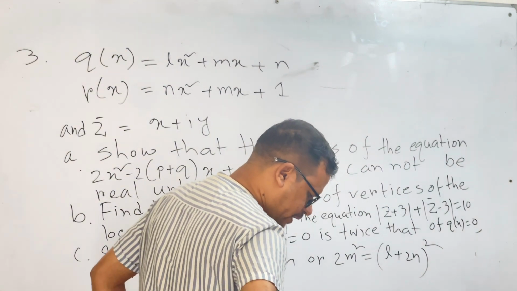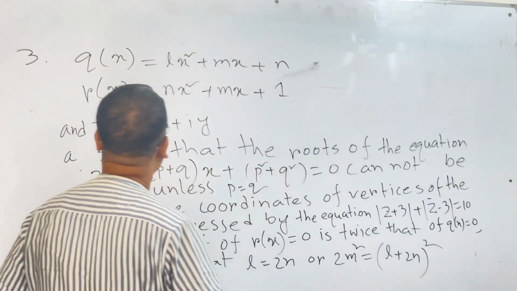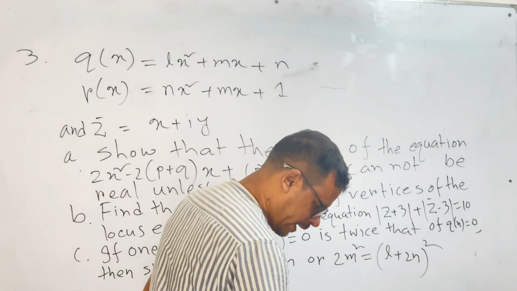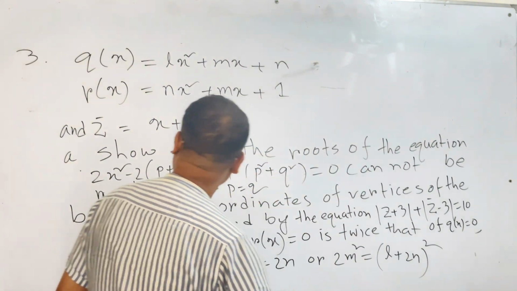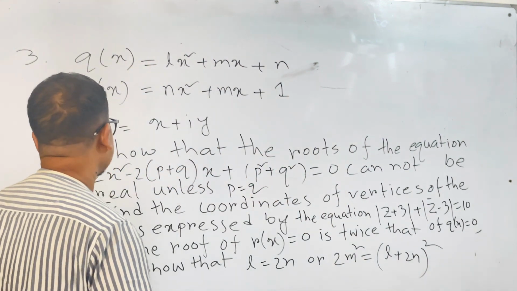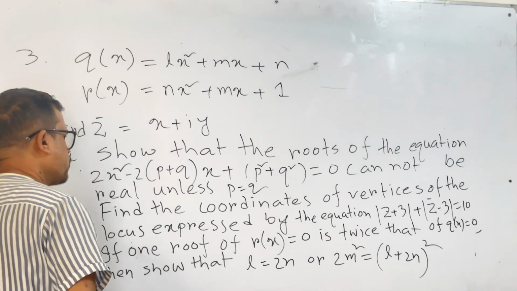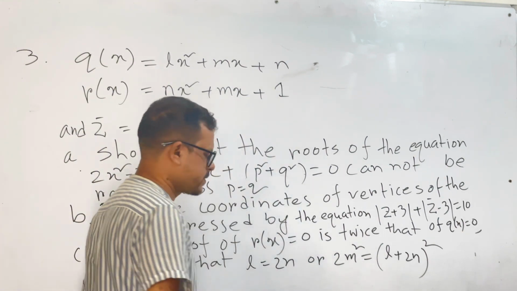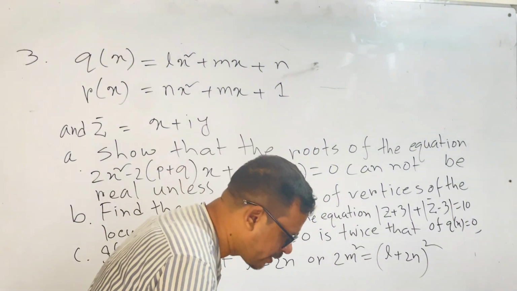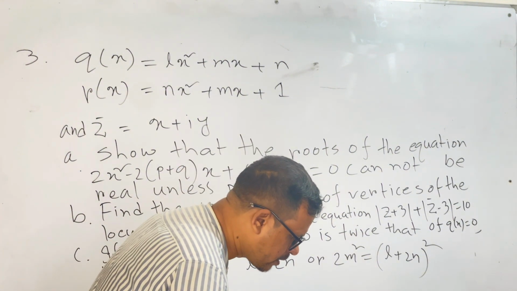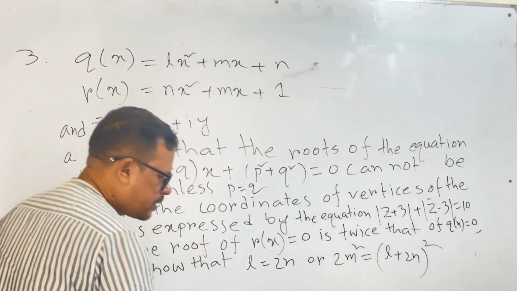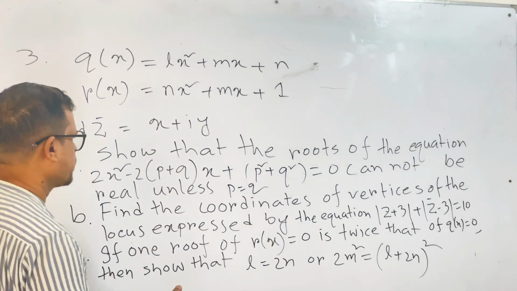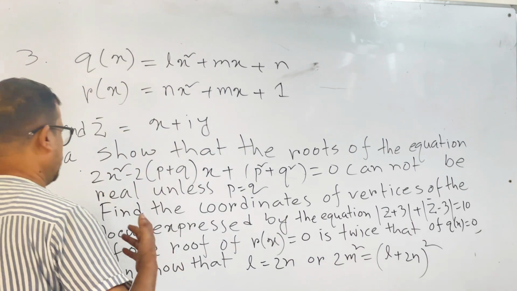If Rx equal to nx square plus mx plus 1 and z bar equal to x plus iy, show that the roots of equation 2x square minus 2(p plus q)x plus p square plus q square equal to 0 can't be real unless p equal to q.